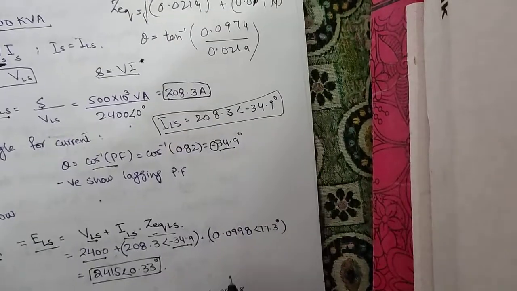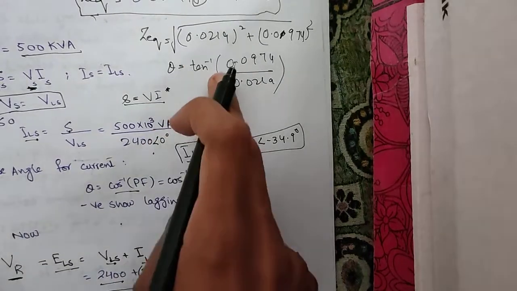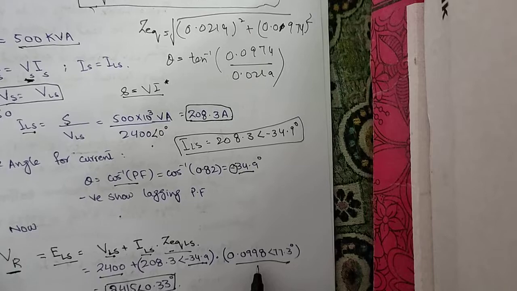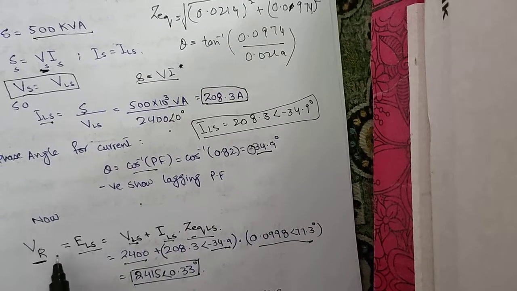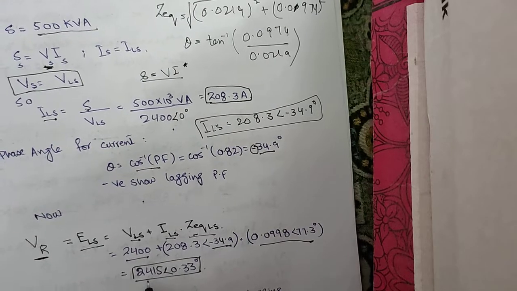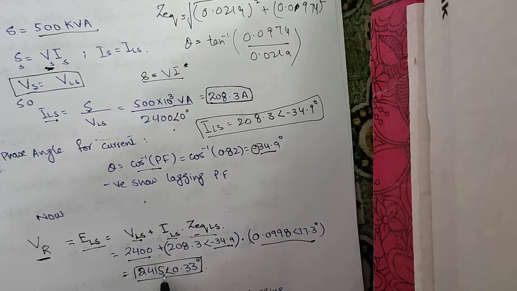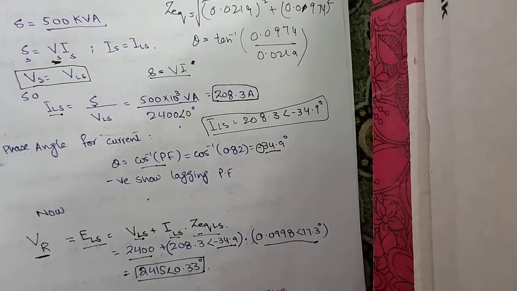You will get these values by using these formulas. Now, for solving the equation for VR or ELS, you will get the rated output voltage as 2415 with an angle of 0.33 degree.